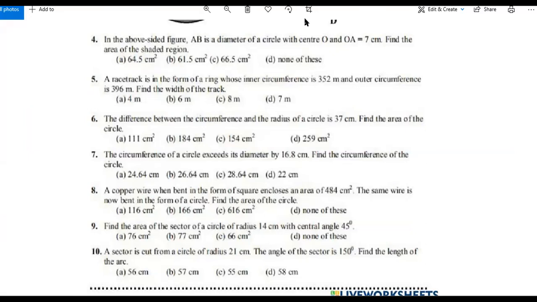Done. Sir, option B. Okay, let me check. Tanishka saying 77 meter square.